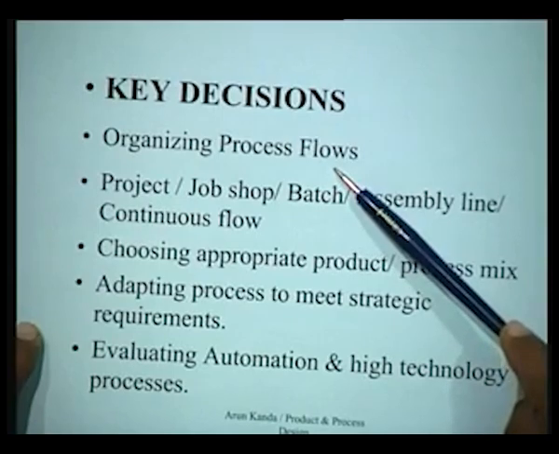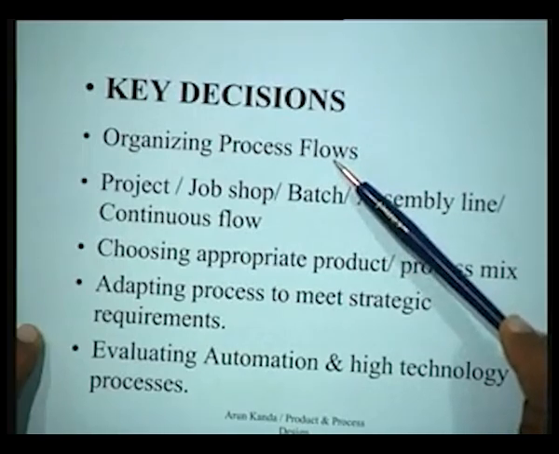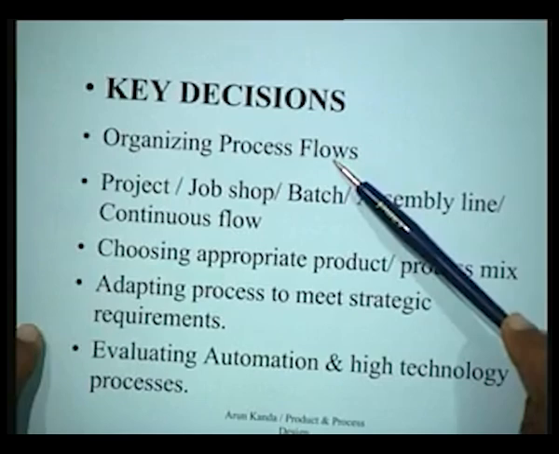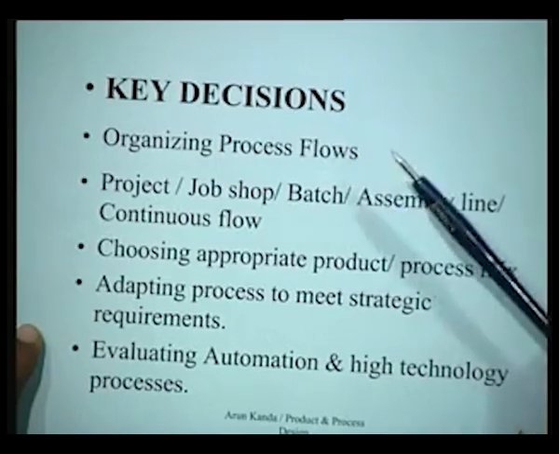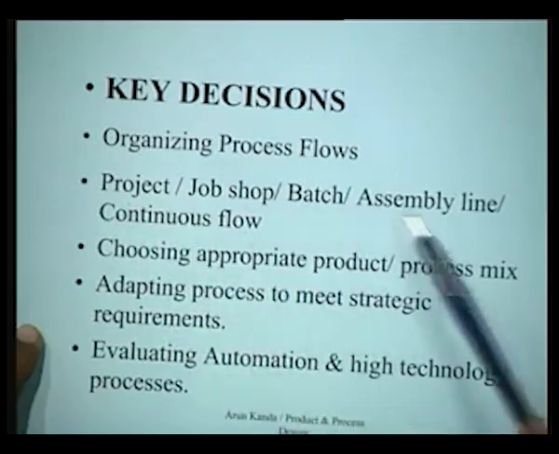How your materials will flow through the plant, through various machines, and what kind of process flows you design. Normally you would like to have as smooth a flow of materials through the plant as possible, but generally this does not happen in all situations, depending upon the type of process you adopt.